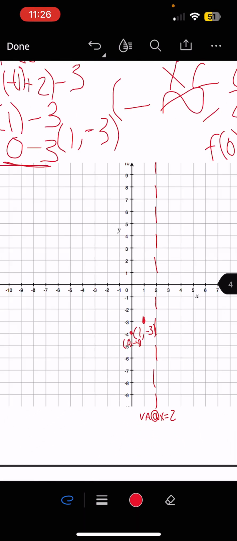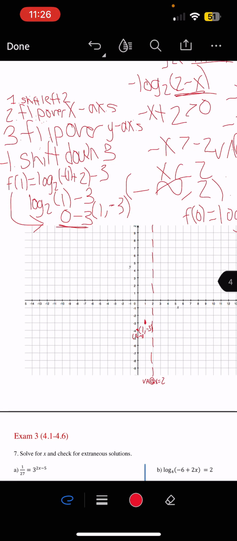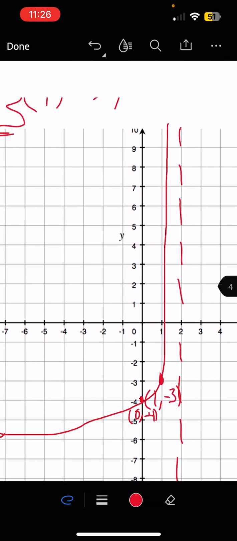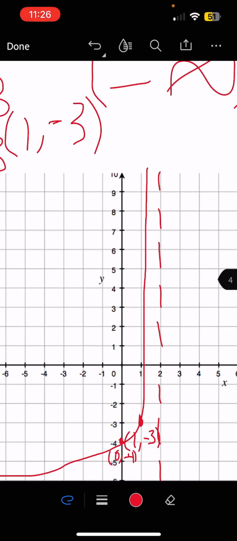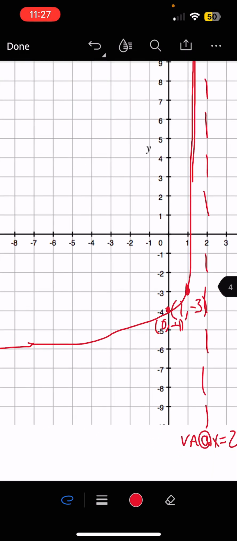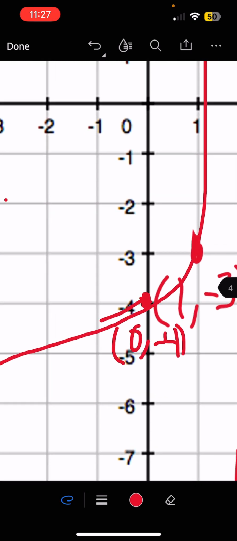Then you're going to go ahead and just draw it. So it's going to be somewhere like here. And then it's going to get really, really close, but it's never going to touch it. So it should be more something like that. My line's not perfect, but you want it to hit right here and then go through like that.